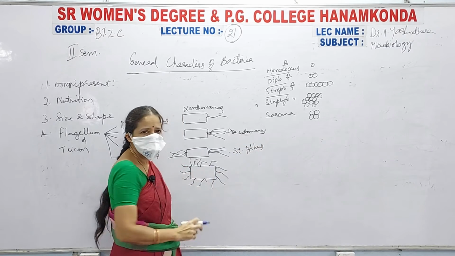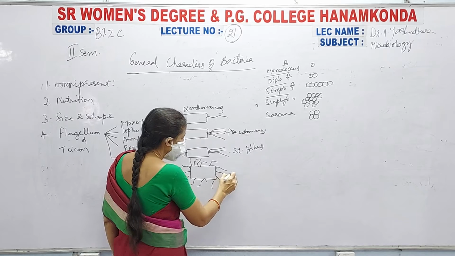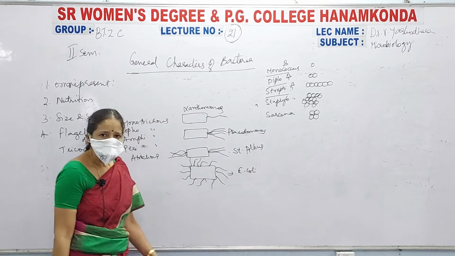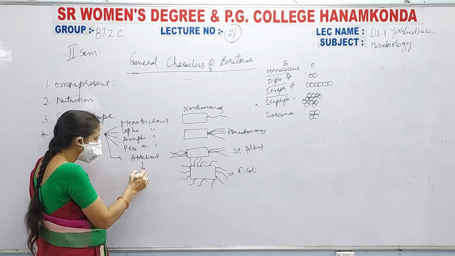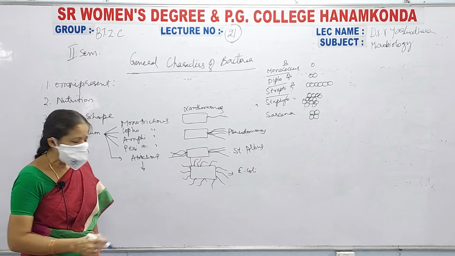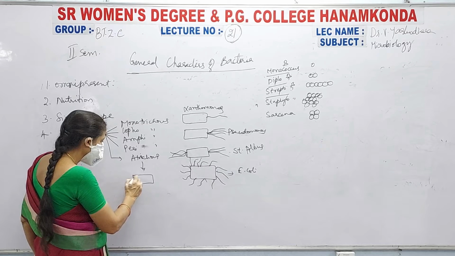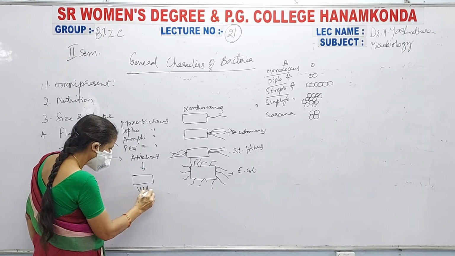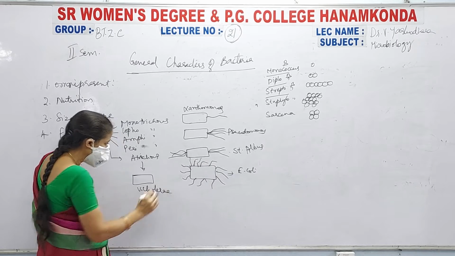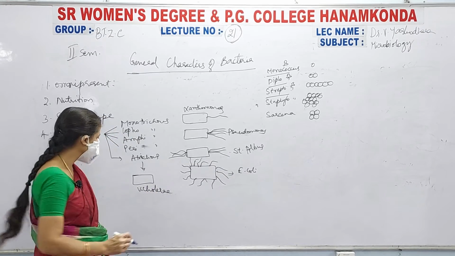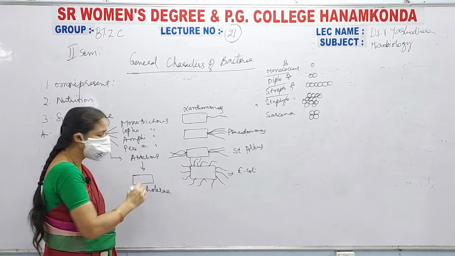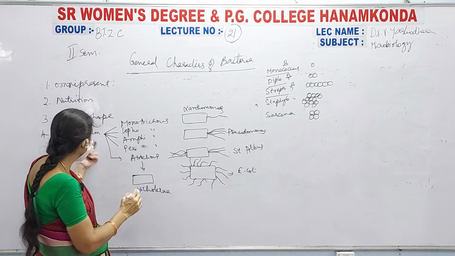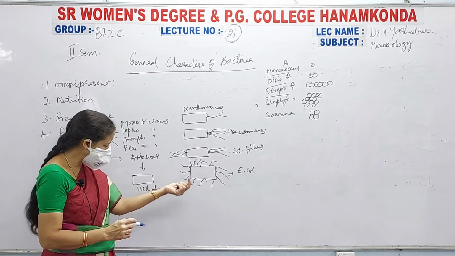For peritrichous, you can give E. coli. Next, atrichous means the bacterium is without flagella. The example is Vibrio cholerae. These are the different types of bacterial cells depending on the flagella.